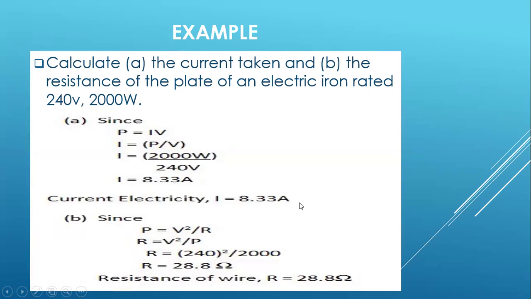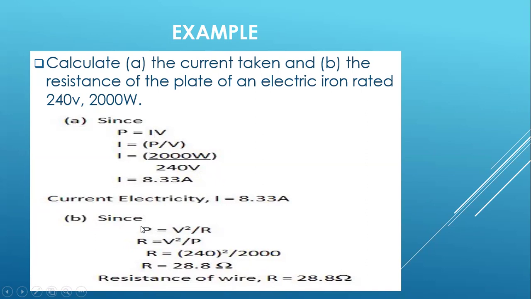Moving on to B, we have to calculate the resistance of the plate of the electric iron. Since power is equal to IV, but also power is equal to V square upon R, and you can derive this from the general formula, power is equal to IV. From here, we are trying to determine the resistance.